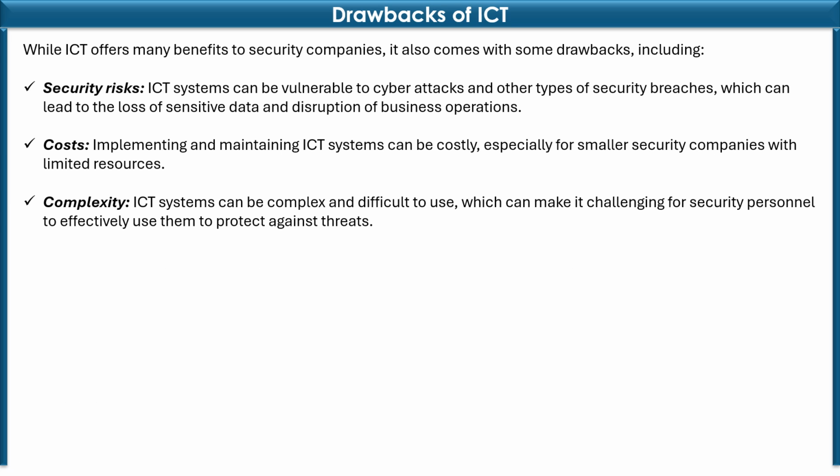Lastly, the drawbacks. The drawbacks of ICT include security risks, cost, and complexity. Security risks, ICT systems can be vulnerable to cyber attacks and other types of security breaches, which can lead to the loss of sensitive data and disruptions of business operations.